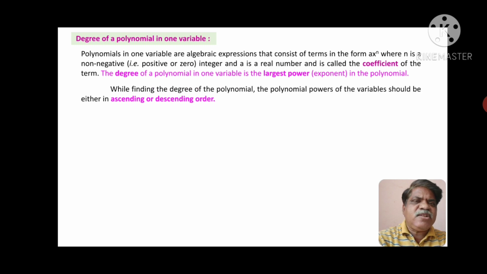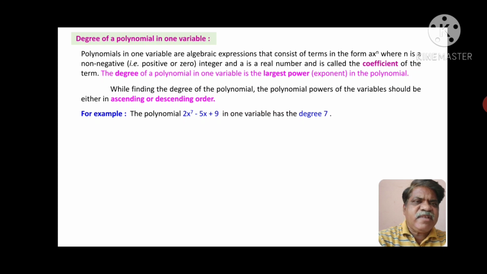While finding the degree of a polynomial, the powers of the variable should be written in either ascending or descending order. It is better to write in descending order. The first term will give the degree. For example, the polynomial 2x raised to 7 minus 5x plus 9 in one variable has the degree 7.